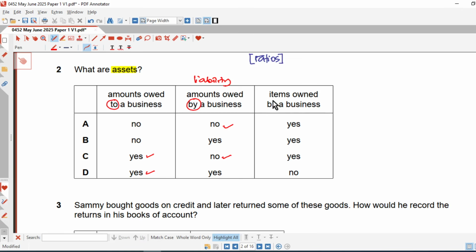Items owned by a business, right? You have ownership over this item. Yes, that is an asset. So the correct answer would be C. Any amounts owed to a business and the items owned by a business would be classified as assets.